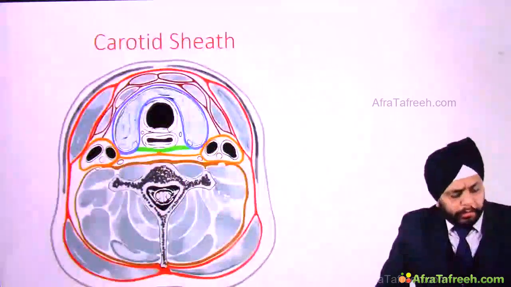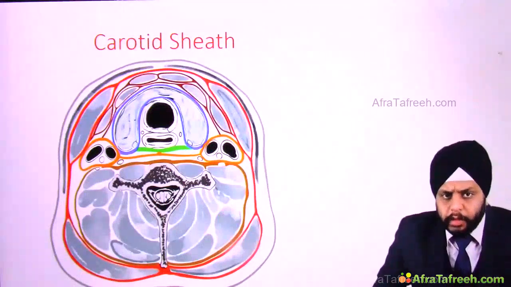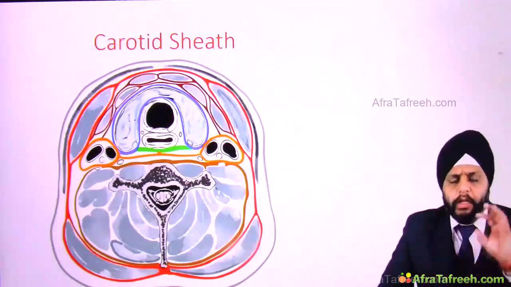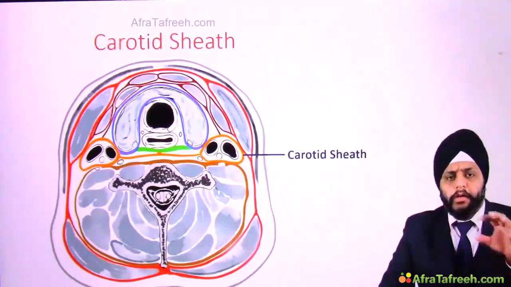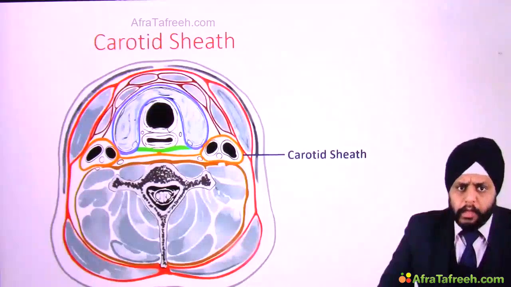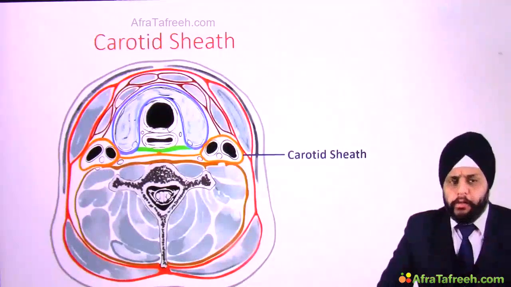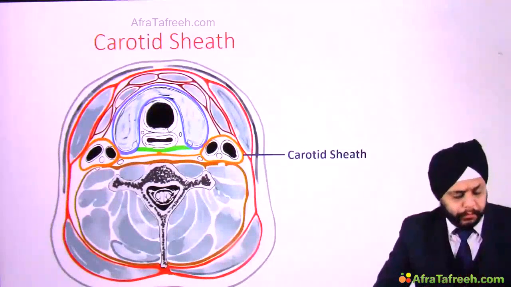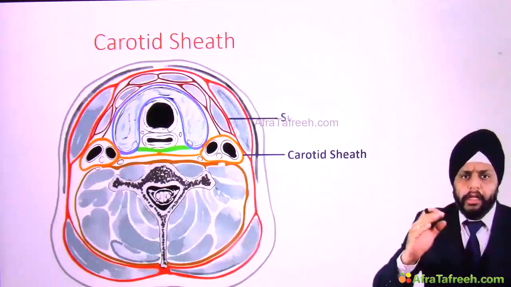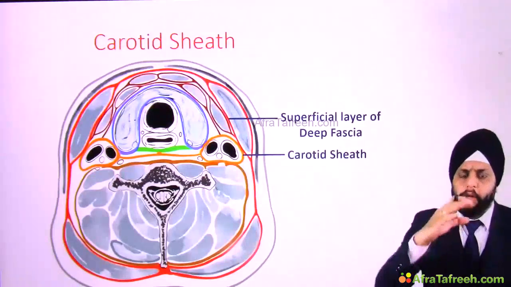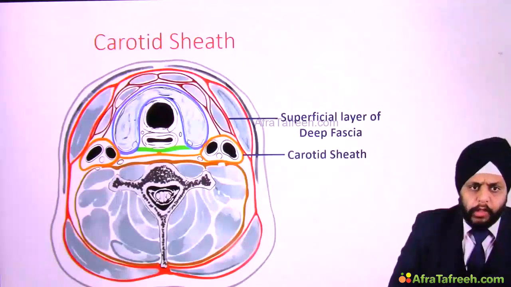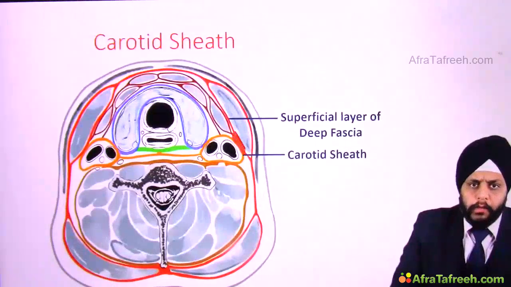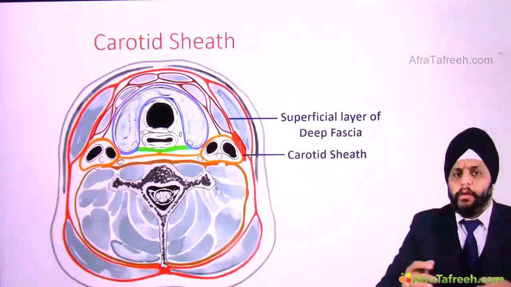These three spaces run all along the neck. Now before I end the topic of the layers of the cervical fascia, let's look at the carotid sheath, marked in the diagram. How is this carotid sheath formed? In the anterolateral aspect, the superficial layer of deep cervical fascia contributes to the formation of the carotid sheath.